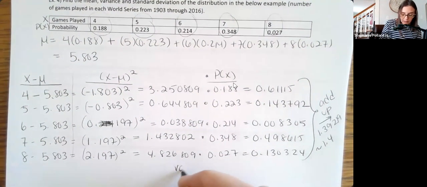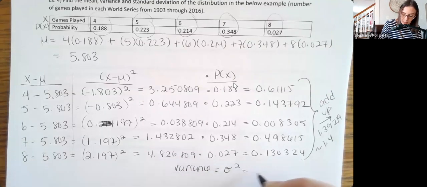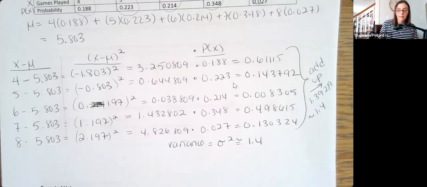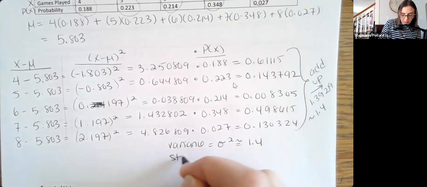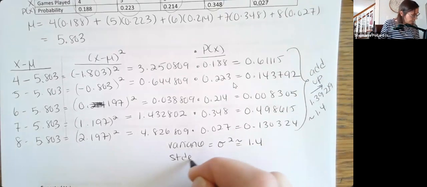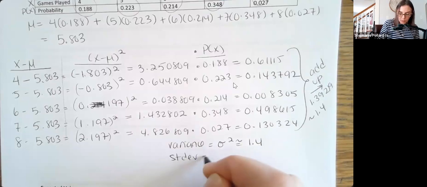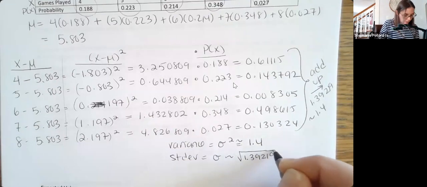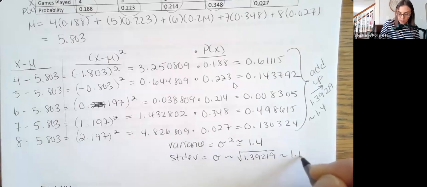So our variance, which is sigma squared, is about 1.4. Now, to get the standard deviation, what we're going to do is just take the square root of this. And again, here you may want to use a few more decimal places just to ensure it is more accurate. When we do that, we get about 1.18 here, which is about 1.2.